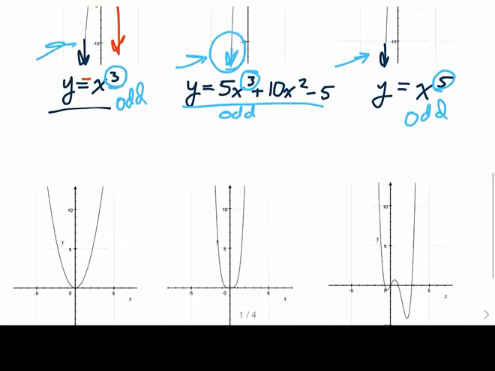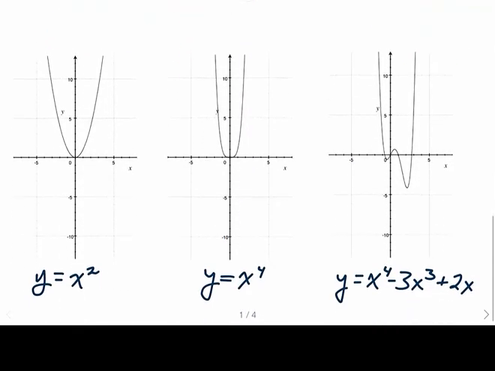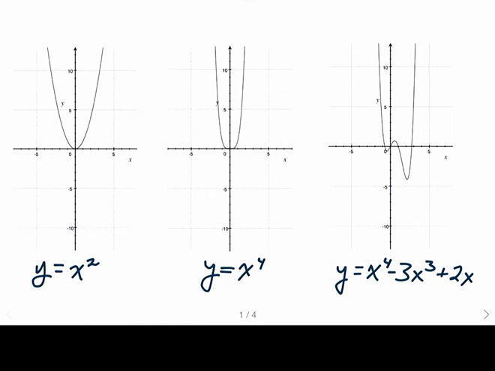By contrast, we can consider here 3 other functions: y = x^2, y = x^4, and then y = x^4 - 3x^3 + 2x. And what I see here is that each of these functions is an even degree polynomial. And I have y = x^2 here just for comparison.